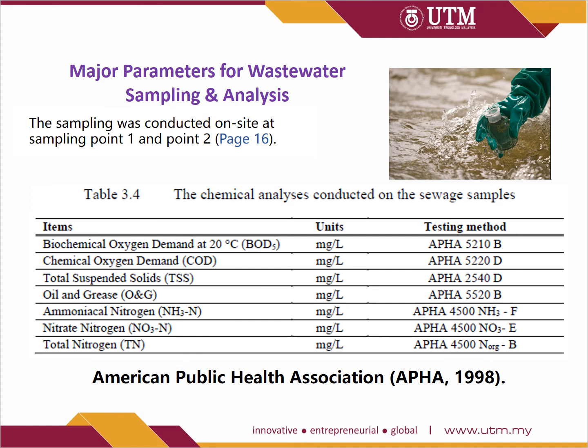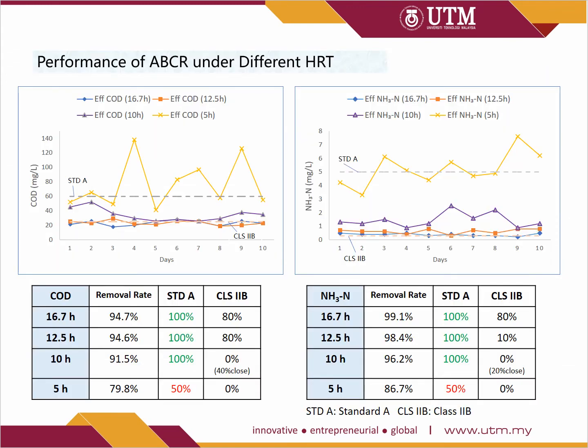Each country will have a different minimum value, but the standard values I have just shown you, standard A or standard B or class 1 to class 4, like that. These are the parameters I have also mentioned on the slide.